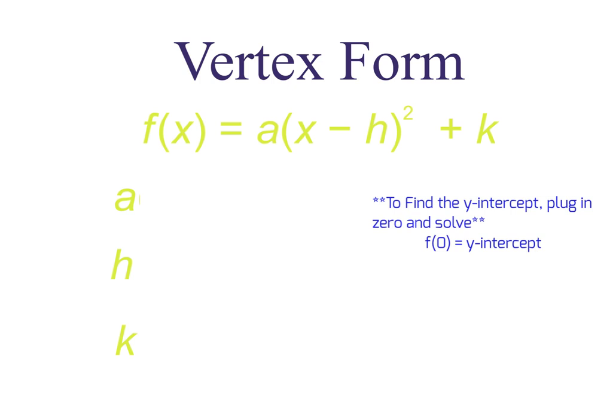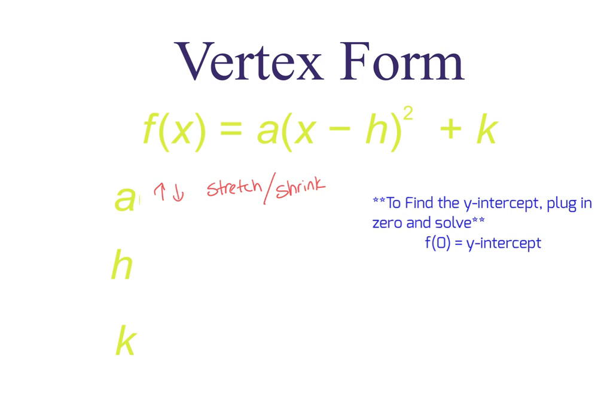That a, as we already discussed, will tell you the direction that it faces, but it'll also tell you if it is a stretch or a shrink, just like we've talked about in other functions. And if it is negative, it is going to reflect across the x-axis, so it will flip it up or down.